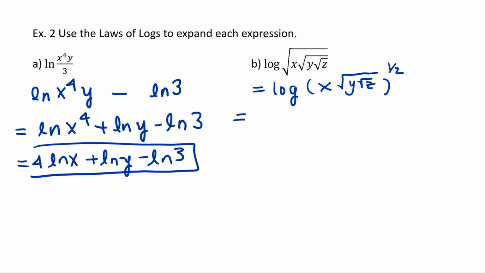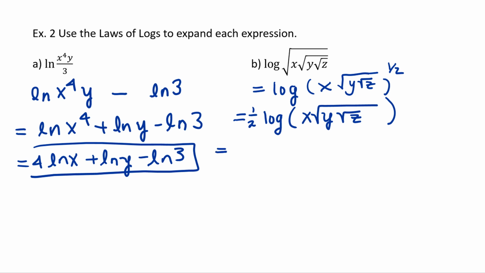So this will become 1/2 times the log of the quantity x times the square root of y times the square root of z. Let's expand the term within the parentheses using the first property, or the first law of logs, and write that product as a sum.